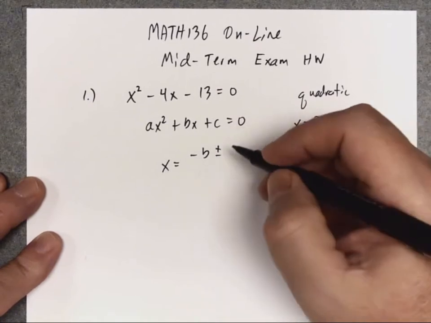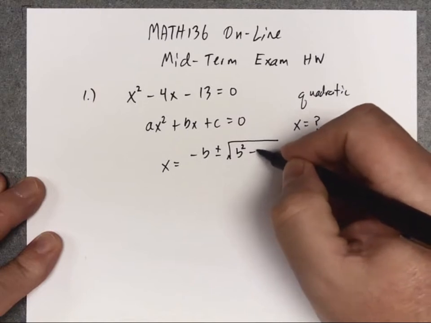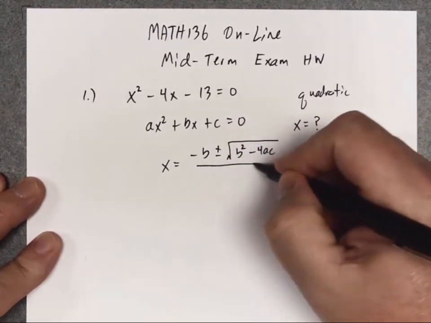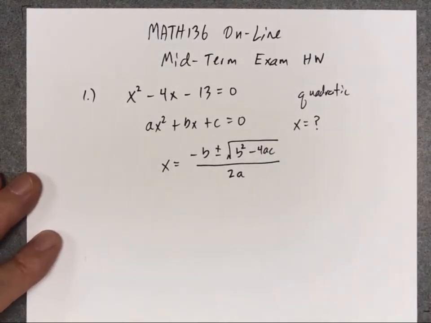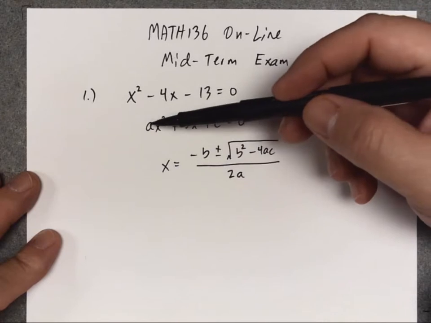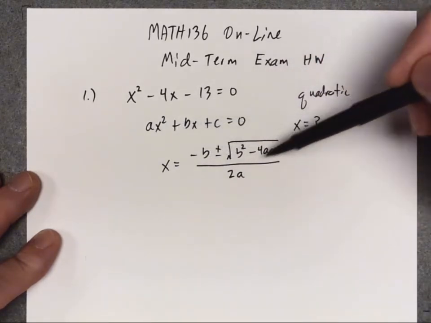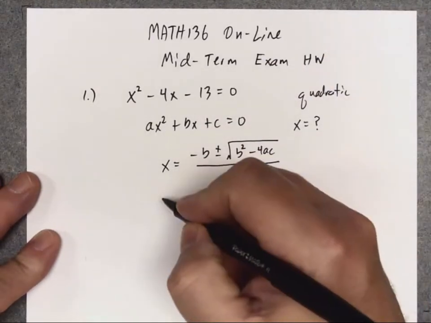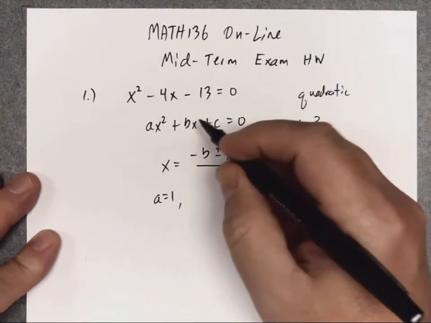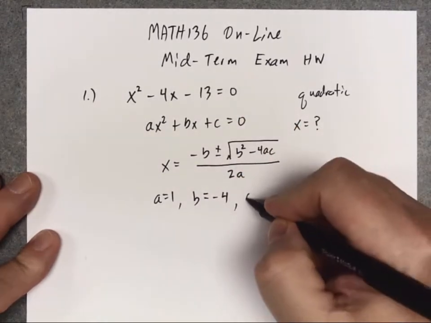Negative b plus or minus square root of b squared minus 4ac, over 2a. So all you do when you have a quadratic equation, you figure out what your a is, what your b is, and what your c is, and you plug them into this formula, and then you have your solution.